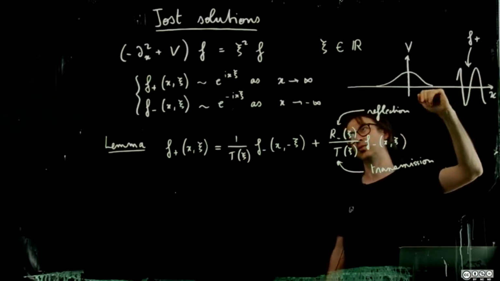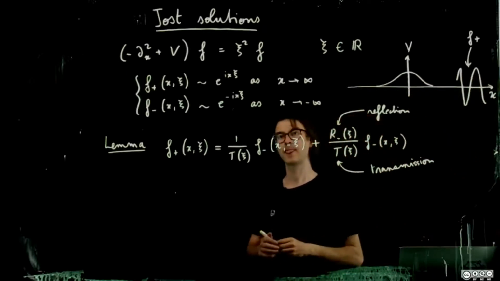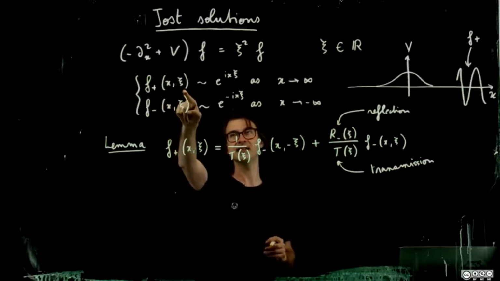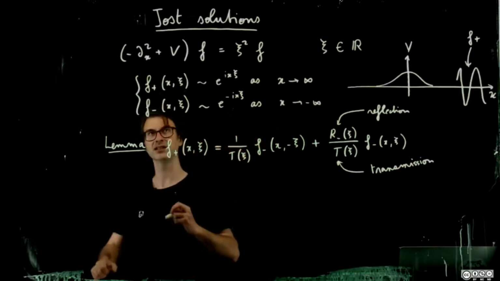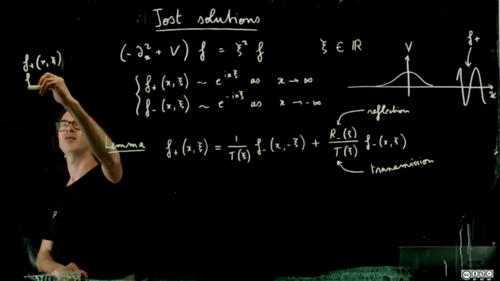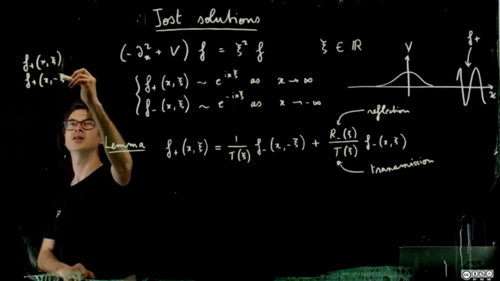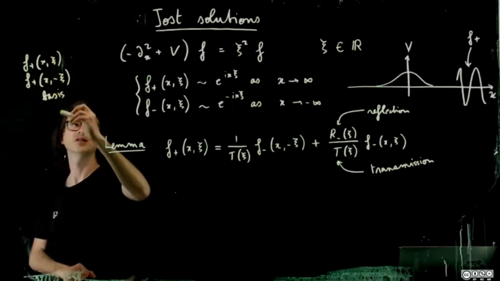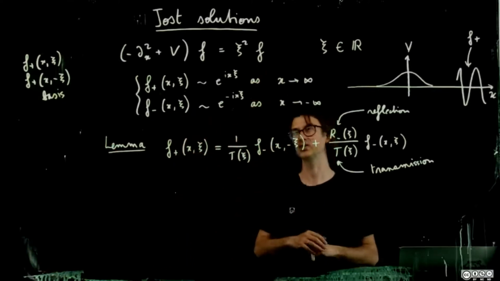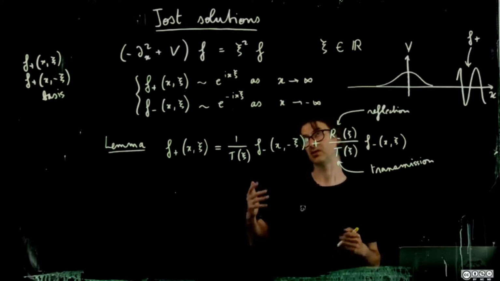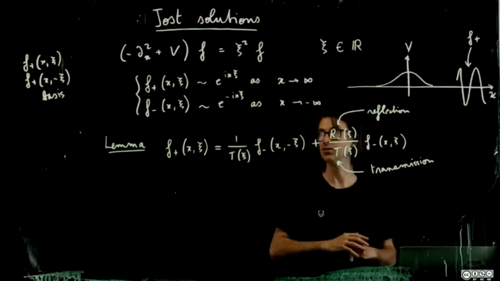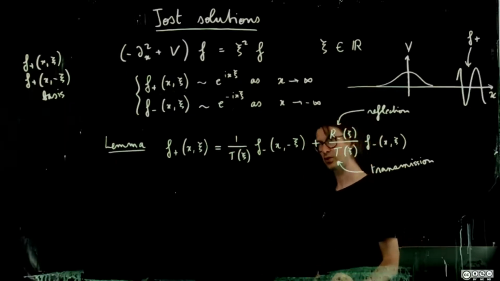And what I should say, of course, is that f plus of x, ξ and f plus of x, minus ξ form a basis of the set of solutions of this ODE. Right? It's just because it's a dimension 2 space, and these two are linearly independent, so they form a basis of the set of solutions.